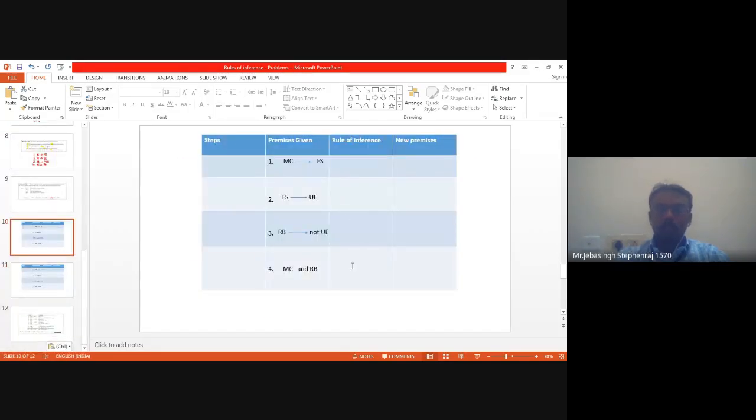By conjunctive simplification, what is my new premise? I can simply take either MC or RB. I'll take MC. Are you able to see the PPT clearly?